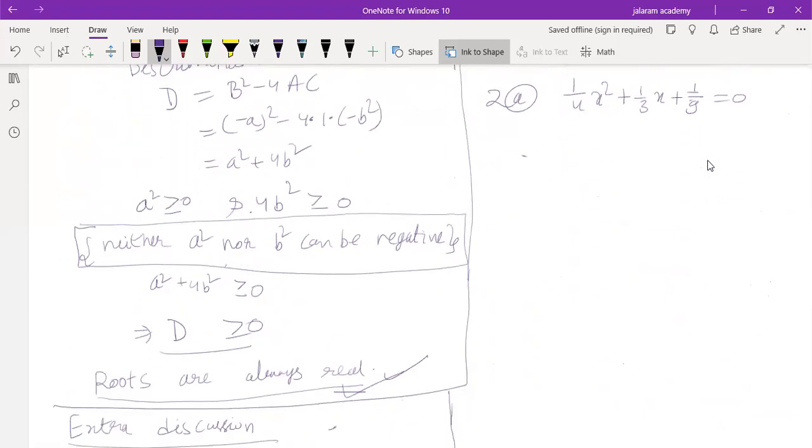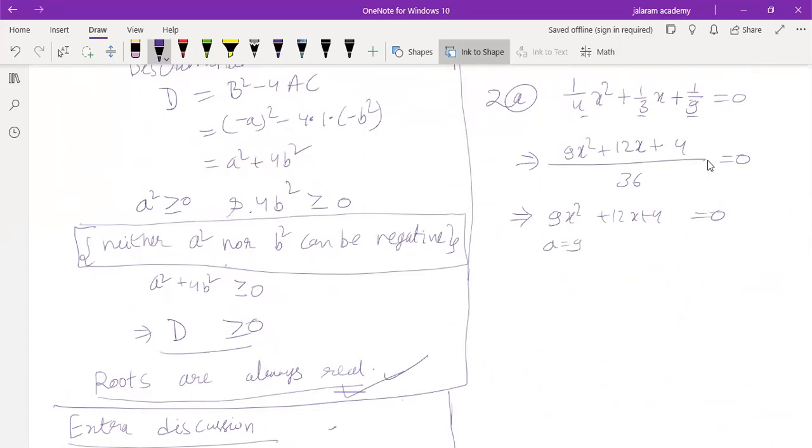So first convert it to the simplest form. The LCM of 4, 3 and 9 is 36. So 9x square plus 12x plus 4 equals 0 on cross multiplying.